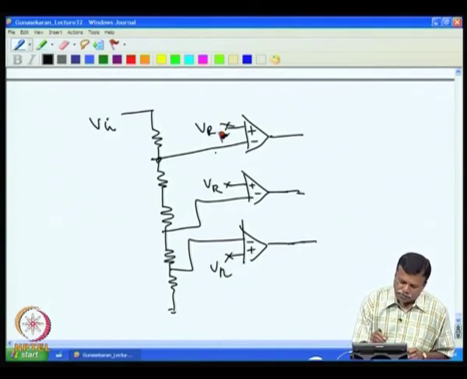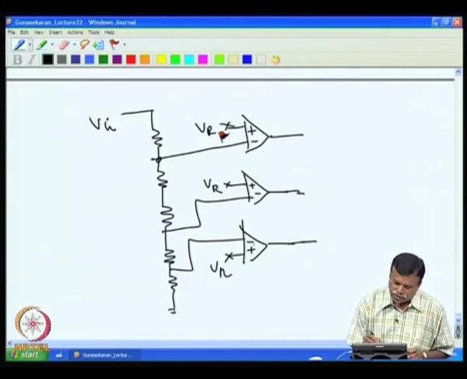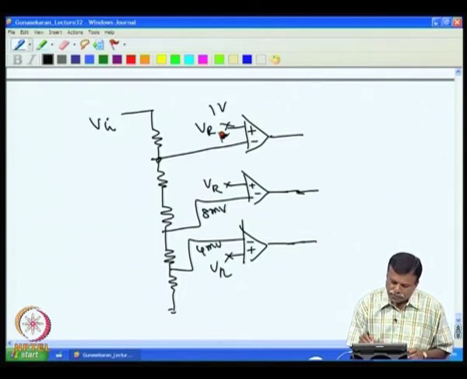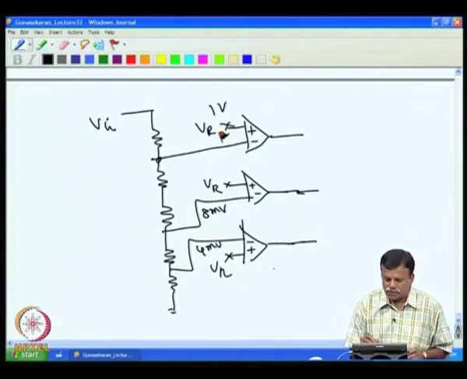Now, if we take the comparators, for example, if I have a 1 volt reference, and this is 4 millivolt, and this is 8 millivolt and so on. If you see, almost all comparators are in the saturation stage only. Because if the input voltage is 0.5 volt, half the comparators will be high and the other half will be low.